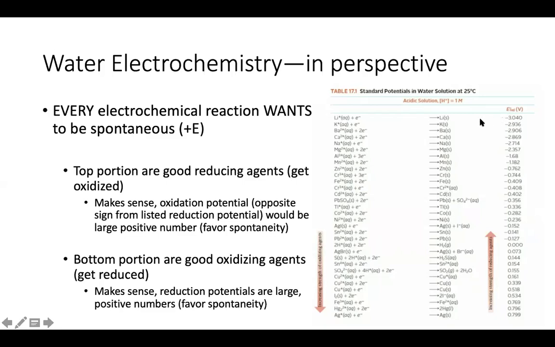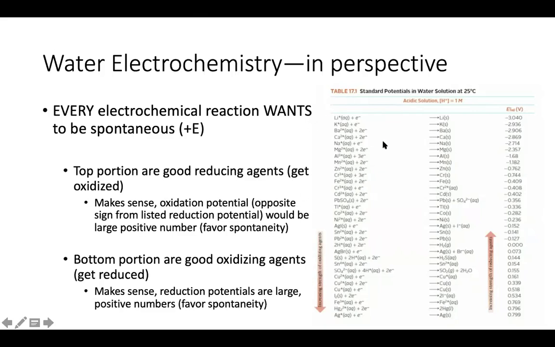Well, if it has an oxidation potential of positive 3.04, that's a really large positive number, which means when we add our two half reactions together and add our E values together, if we have a hugely positive oxidation potential, that's going to help our overall cell potential be positive and therefore spontaneous.